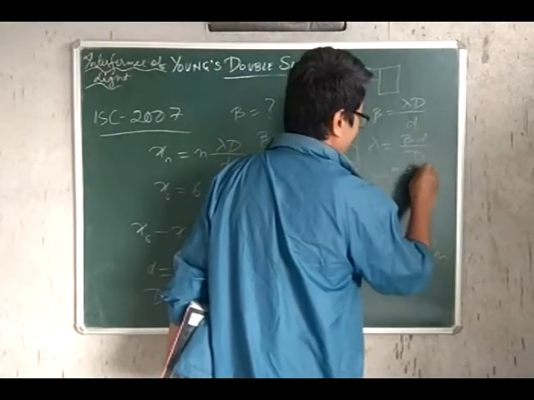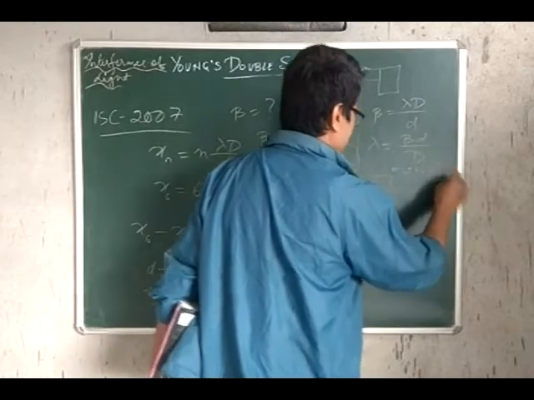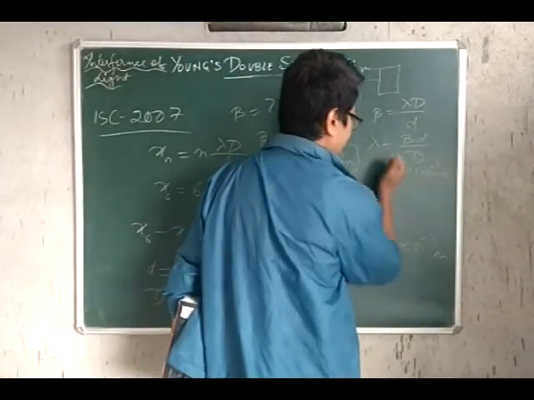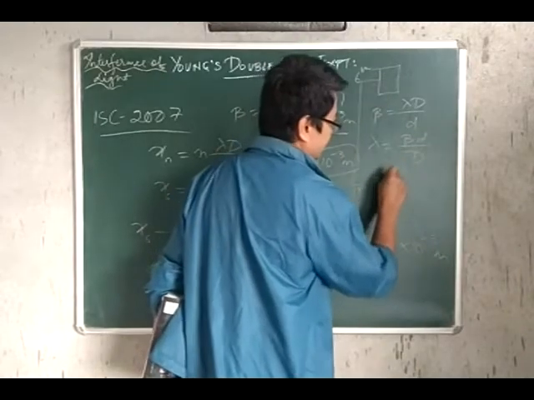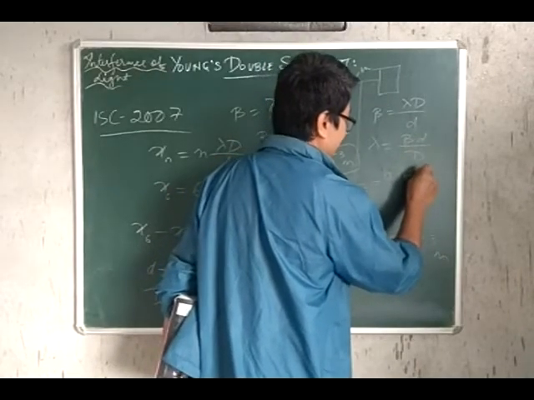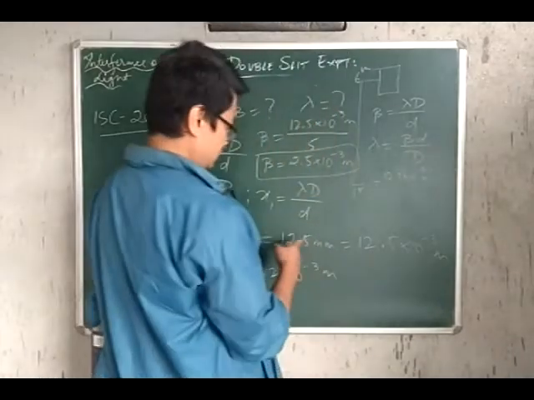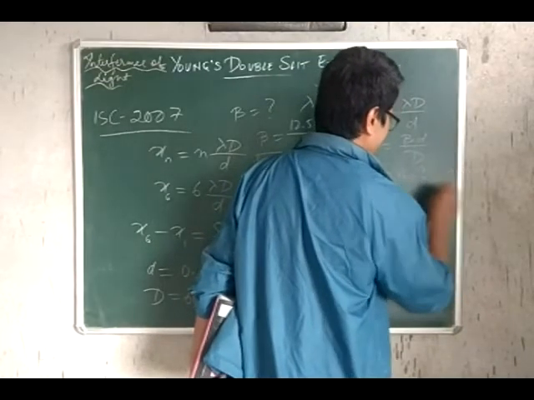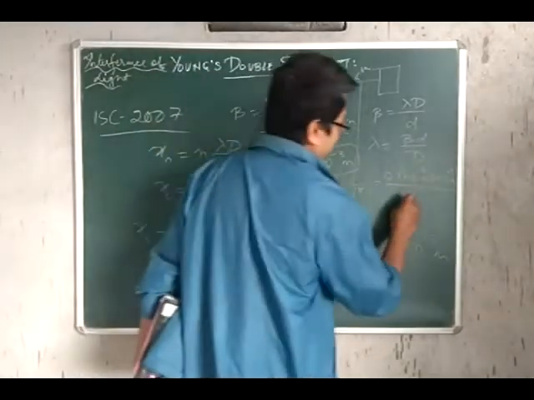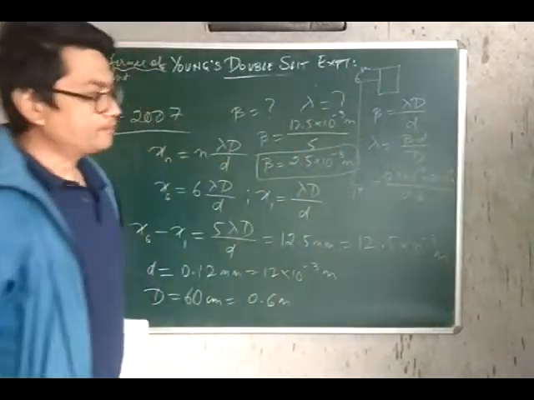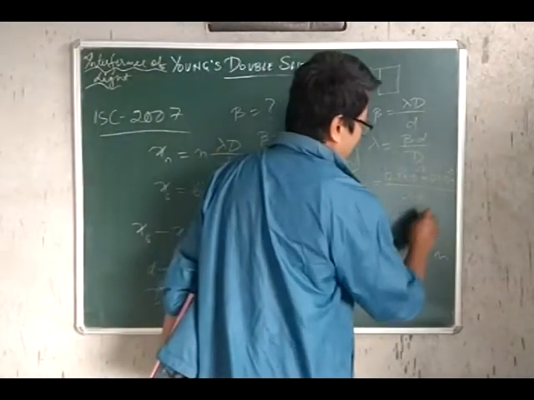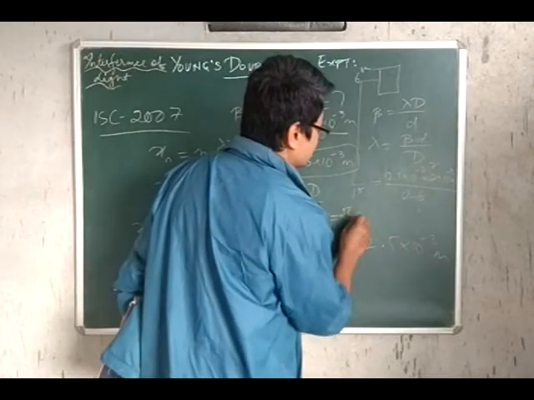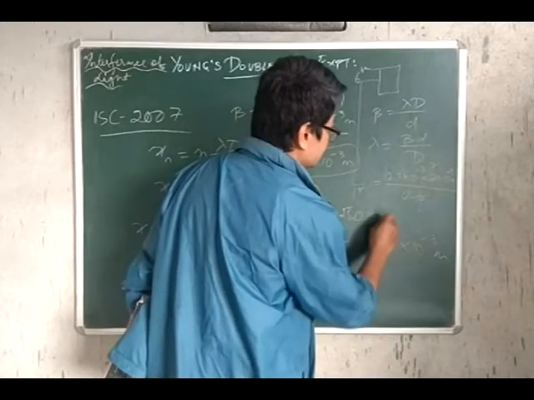So 2.5 into 10 to the power minus 3 meters into slit separation 12 into 10 to the power minus 3 meters, divided by capital D, which is 0.6.